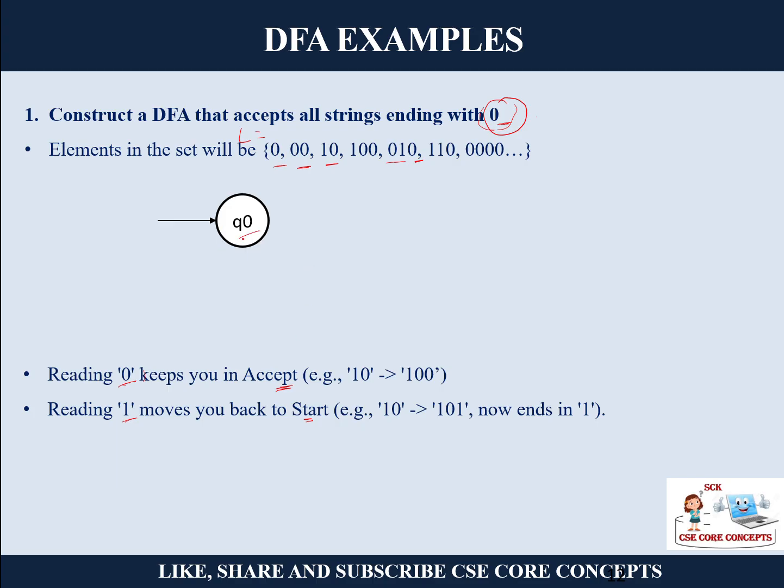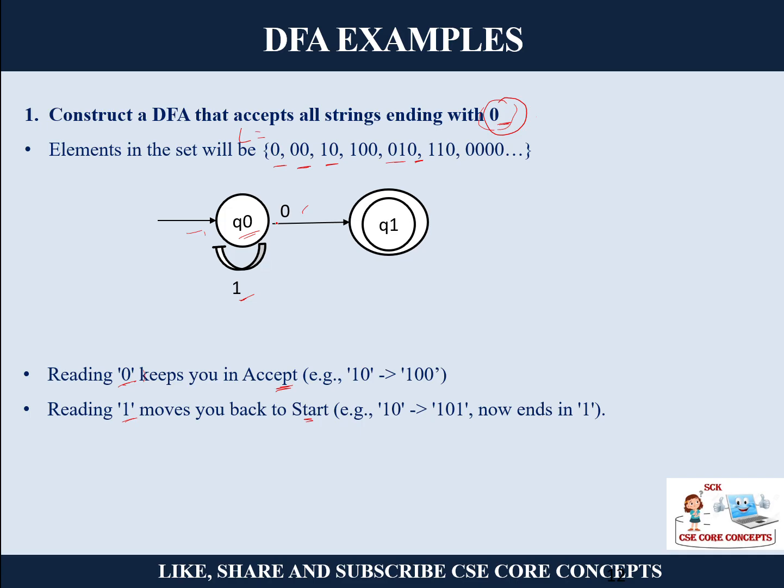So Q0 is my initial state, and this arrow indicates the start. If I input 0, I will accept it, so I will reach a final state, which is represented by a double circle. Now, what if I have 1 instead of 0? Then I will remain in this state. I will not reach the final or goal state, right?